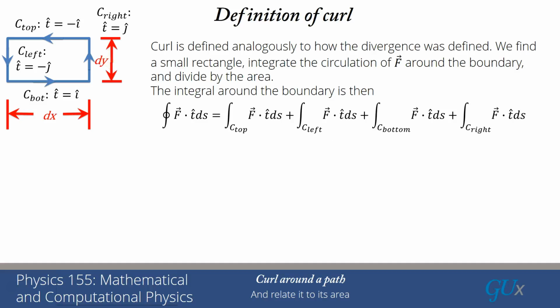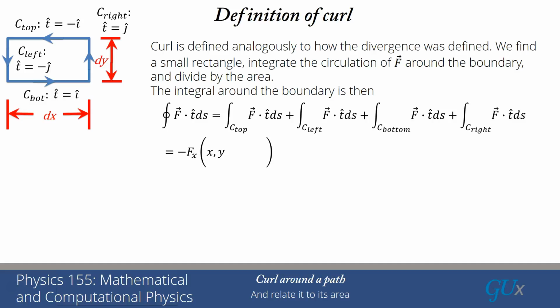Now, when we carefully look at this, let's take a look at the top. You can see the tangent vector is pointing in the minus x direction, so it's equal to minus i hat. And if the center of that rectangle is this point x y z, then this point is going to be x y z plus dy over 2, where the y is increased by dy over 2, and it has a minus sign in front of it.